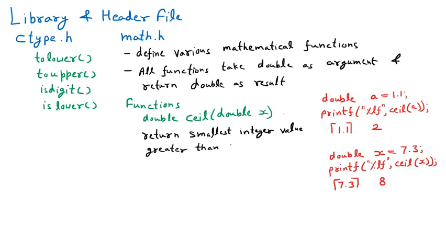It is 2. Why equal to? Because if we say 7.0, obviously the ceiling of 7.0 will be 7.0 only. It will not be 8. But if I pass 7.1, 7.2, 7.3, anything above, the answer will be 8. So that is the ceiling function. Now we are discussing the next function, that is the floor function.